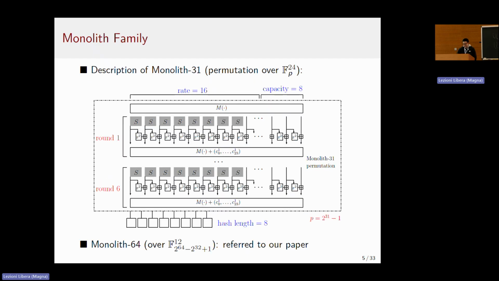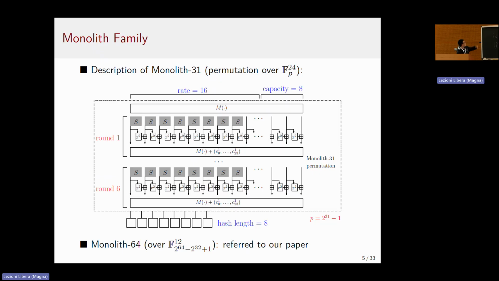So what does Monolith look like? Basically, it's again similar, but the main difference exists in the nonlinear layers. You can see here there are 2 consecutive nonlinear layers in each round, and the first nonlinear layer is a partial nonlinear layer.